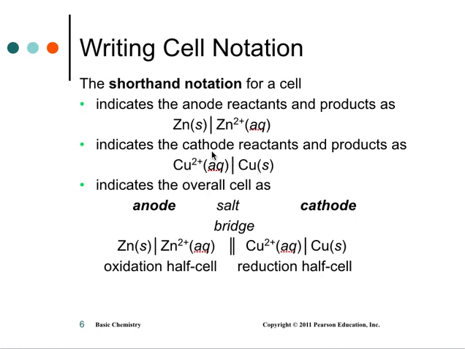The zinc metal is being oxidized into the zinc ion, and the copper ion is being reduced into the copper metal. And so this line here, separation, is showing you that you're actually having an electron transfer here. So these are two half cells. You're going to have one happening in one beaker, the other happening in another beaker.